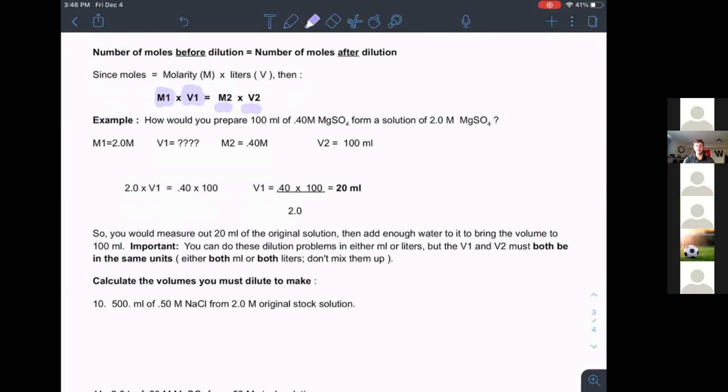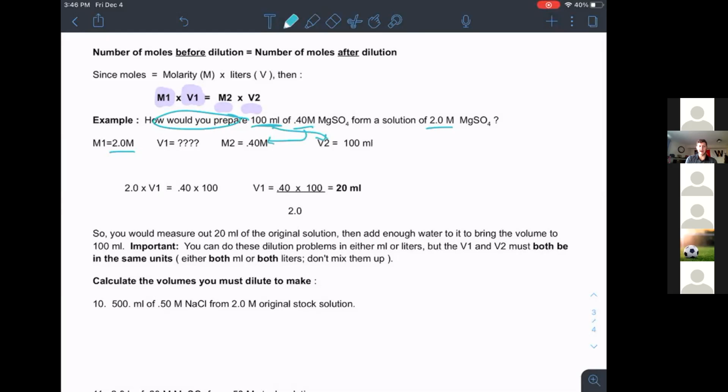It says, how would you prepare 100 milliliters of this 0.4 molar solution of magnesium sulfate from a solution of 2 molar magnesium sulfate? So we know that we started with 2 molar magnesium sulfate. So that's our M1. We're trying to figure out our V1. Our V2, our volume that we ended with, was 100 milliliters. And our final concentration was 0.4 molar.